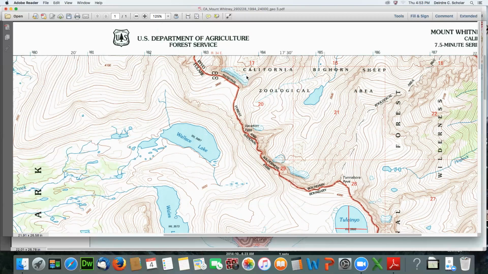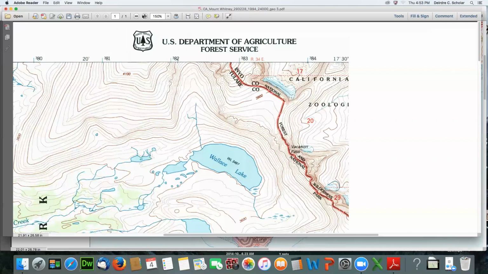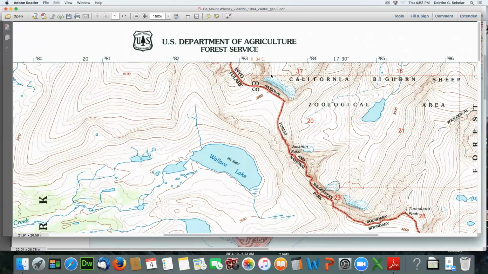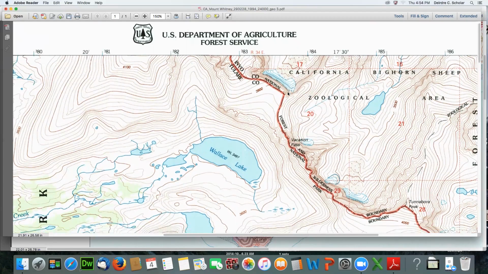So the map maker actually turns the contour lines blue, and we define the boundaries of a glacier using this dashed blue line to show the extent of that glacial ice. So wherever you see this blue contoured area with the blue dashed line perimeter around it, that indicates a glacier. So your last task for this handout is to count the glaciers, okay?